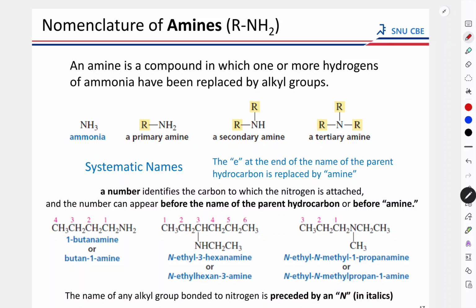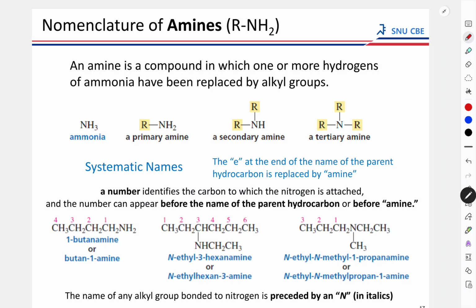What about this one? This is a tertiary amine. That means you have three alkyl groups surrounding the central nitrogen. So you have ethyl, methyl, and propyl moieties. In this case, you have to identify the longest possible chain, and this carbon must be number 1.